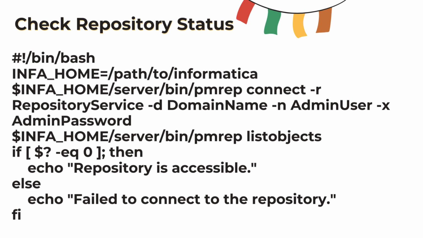This will ensure that it will list the objects, which means it has successfully connected and ran the below command. So if the above command is successful, we get an output as 0. So based on the above command, $? will give us the result. If it is 0, then the repository is accessible, else it has failed to connect to the repository.